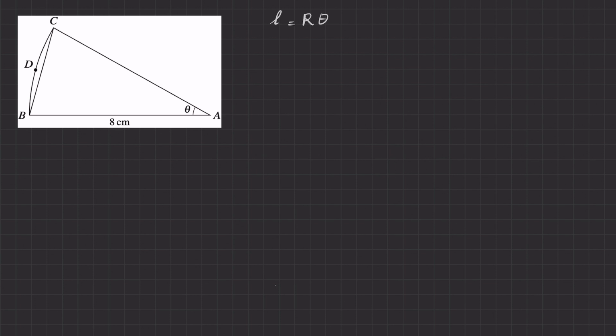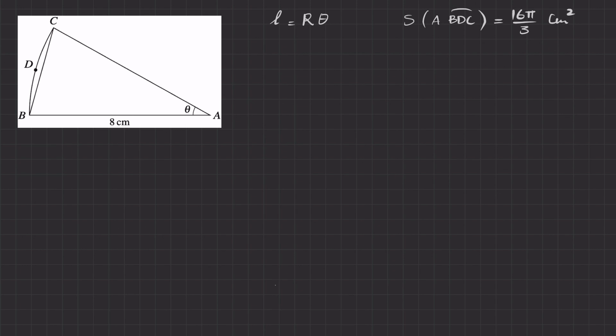I have been given another piece of information. I know that the area of this total shape, the sector, is 16π/3. So the area of the sector is equal to 16π/3 centimeters squared.